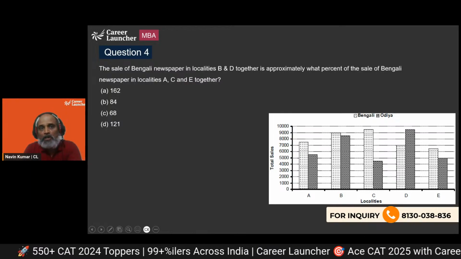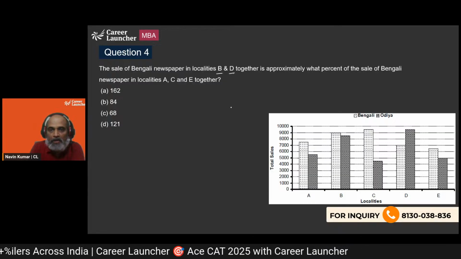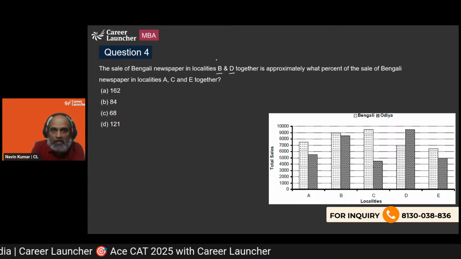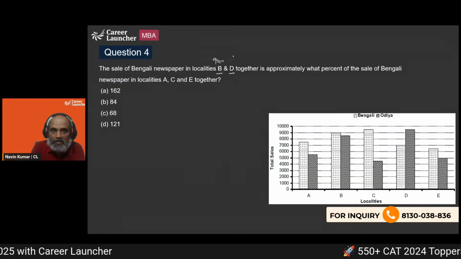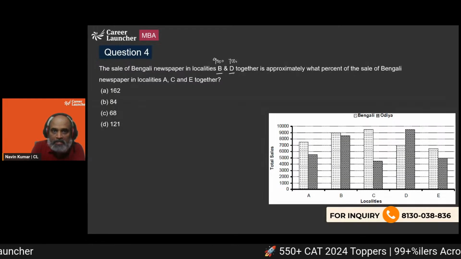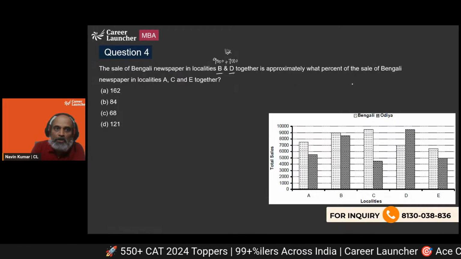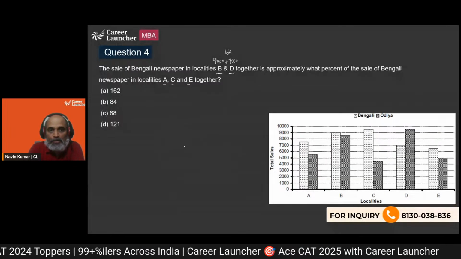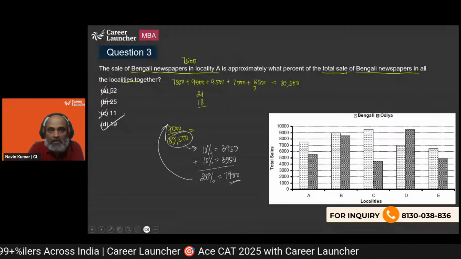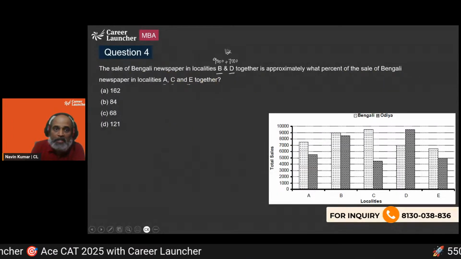The sale of Bengali newspapers in locality B and D. So Bengali newspaper in locality B is 9,000, and that in D it's 7,000. So total it's 16,000. Is approximately what percent of the sale of Bengali newspapers in A, C, and E together? Now, if you remember, the entire Bengali newspaper from A to E was 39,500.